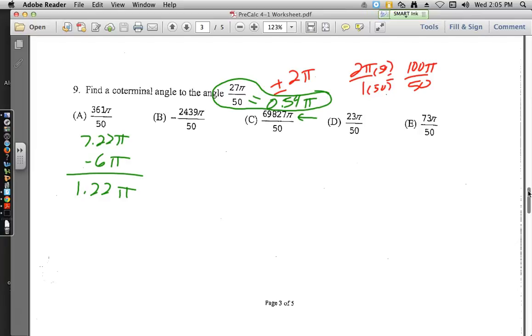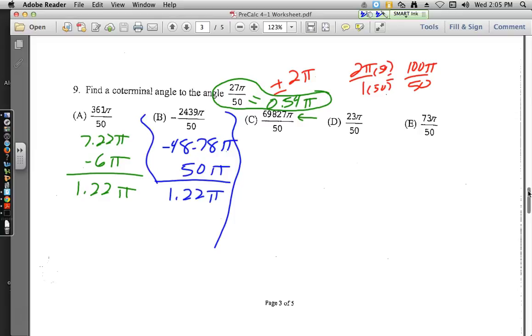Then I go to the next one, and because this one would be negative 48.78 pi, I realized the best thing for me to do would be to add 50 pi, always in multiples of 2 because that's a full rotation. And that gives me 1.22 pi, which makes that coterminal with A, but that's not what we were trying to be coterminal with.